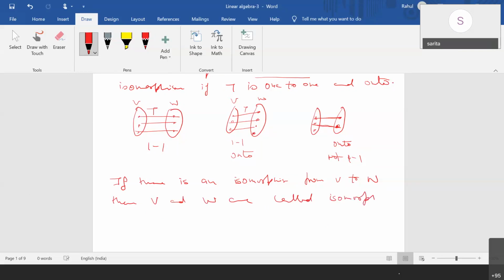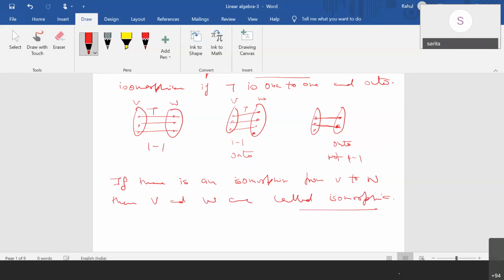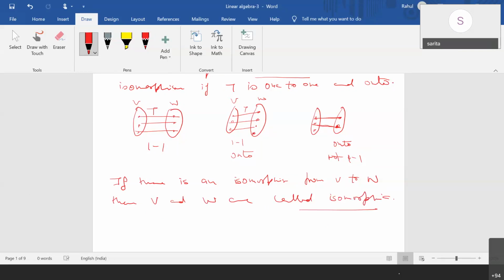Now, why this is needed: when we say two vector spaces are isomorphic, it essentially means that V and W have the same algebraic structure.